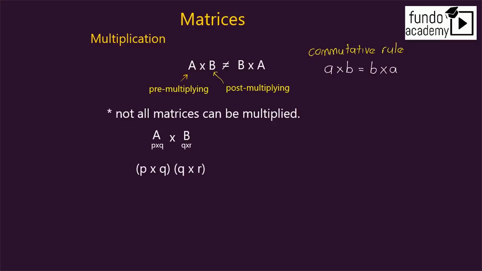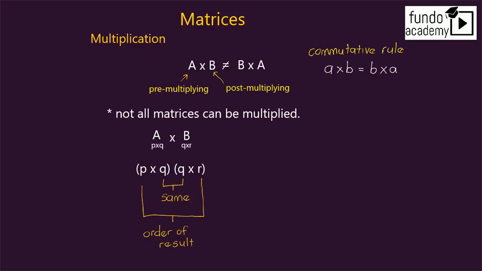With the orders or dimensions of the two matrices, if they can be multiplied, these two values must be the same, like we have Q and Q there. If those two values are the same, then the two matrices can be multiplied, and the result will come out as a P by R matrix.